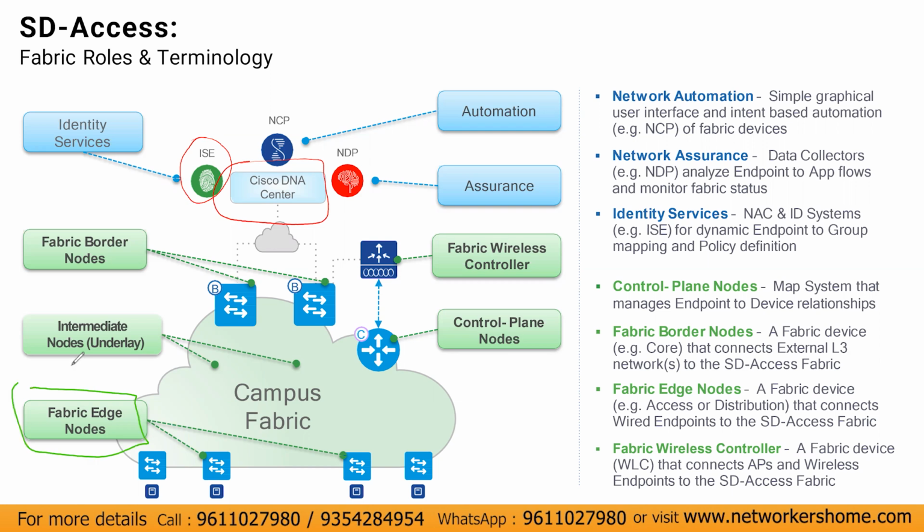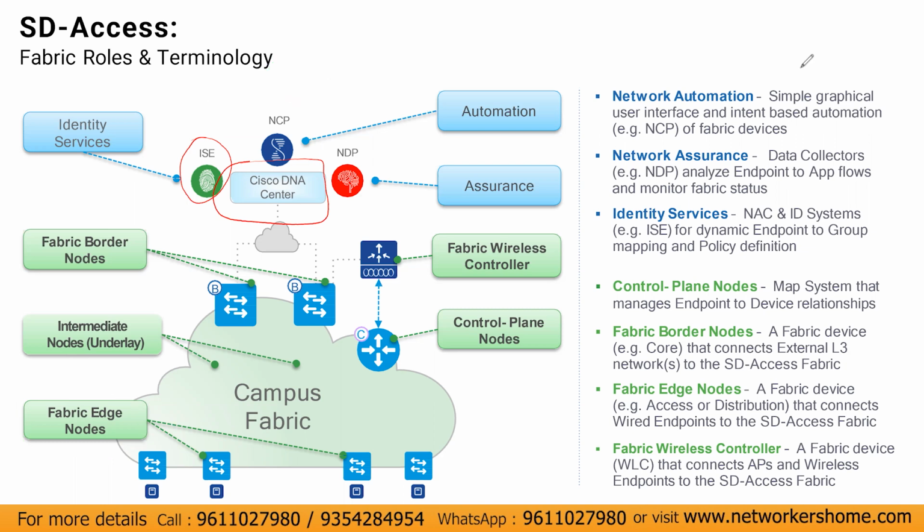Because in ACI, leaf is the device where all the endpoints or the servers connect. So in SDA, edge nodes are the devices where all the endpoints connect. All right, got it. Thank you. One more thing, there is no L2 in SD access. The sweetest part. Everything L3. Sounds interesting?